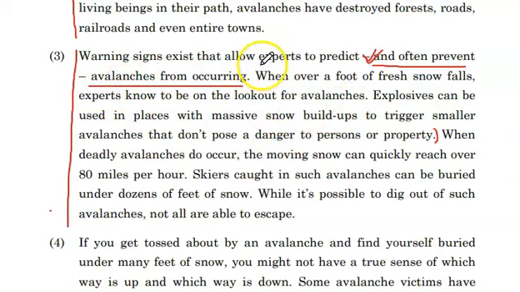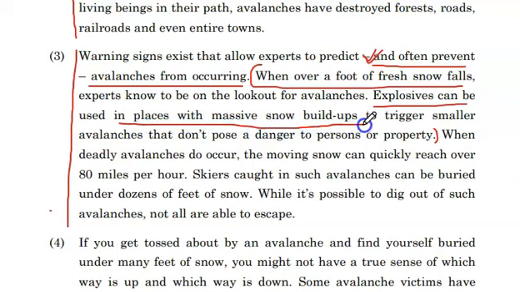And what is that? This is the measure. When over a foot of fresh snow falls, experts know to be on the lookout for avalanches, and this is the step. It means explosives are used in places with massive snow buildups to trigger smaller avalanches that don't pose a danger to persons or property.